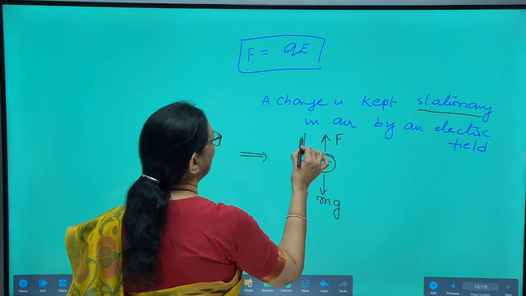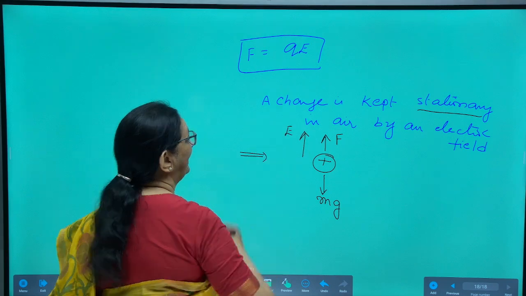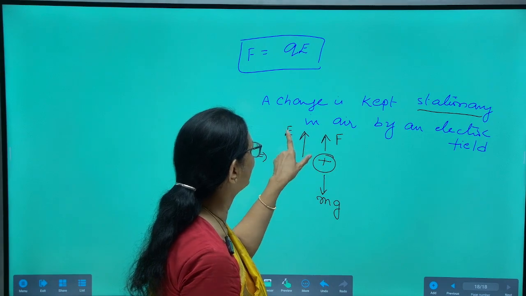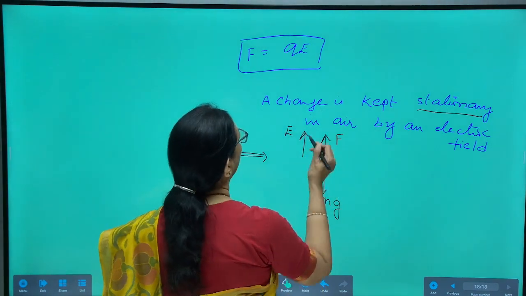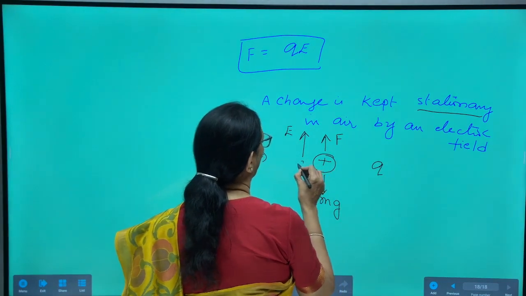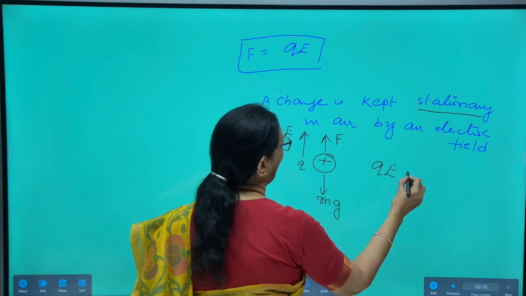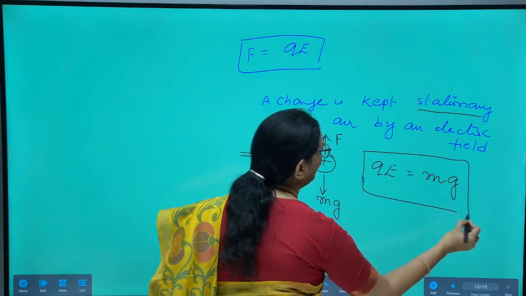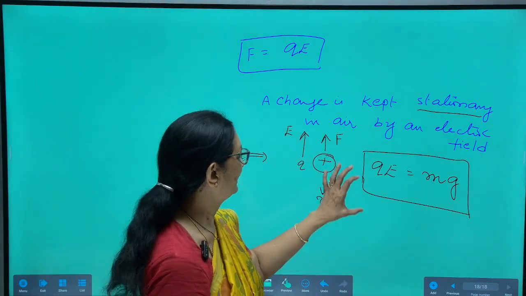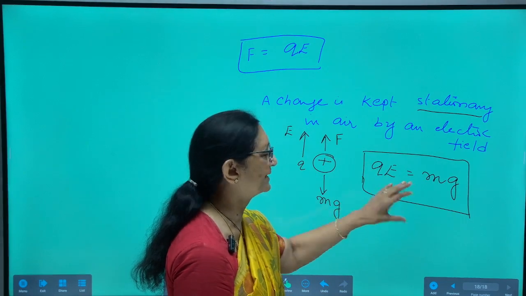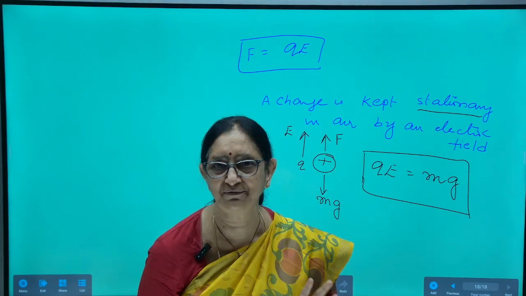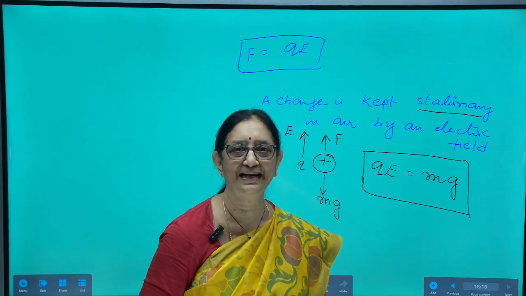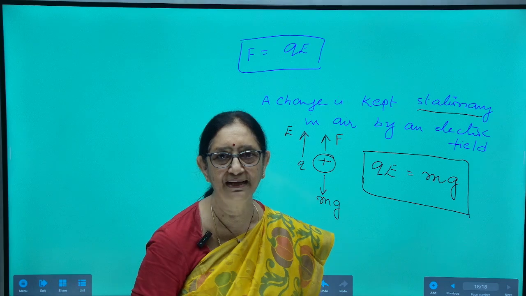Very obviously, it should also be in the upward direction, because the force on a positive charge is in the field direction. So, here the force on the charge Q is QE in the upward direction. If that QE balances the weight, then the net force acting on it becomes 0 and the charge keeps floating in midair.